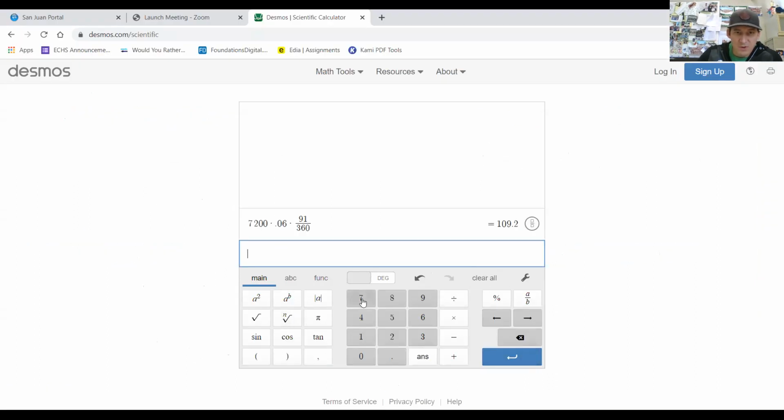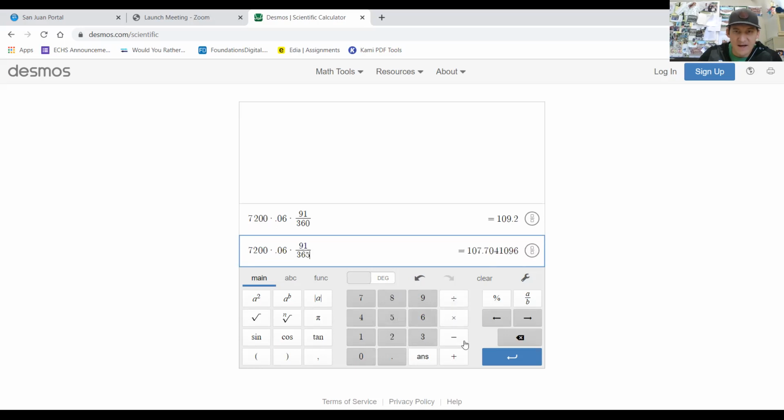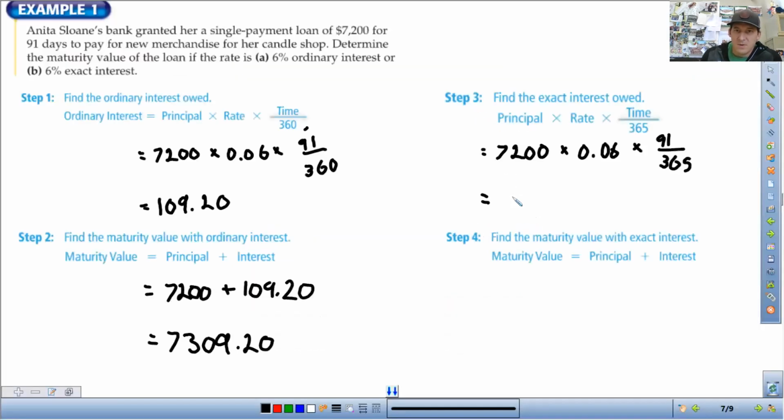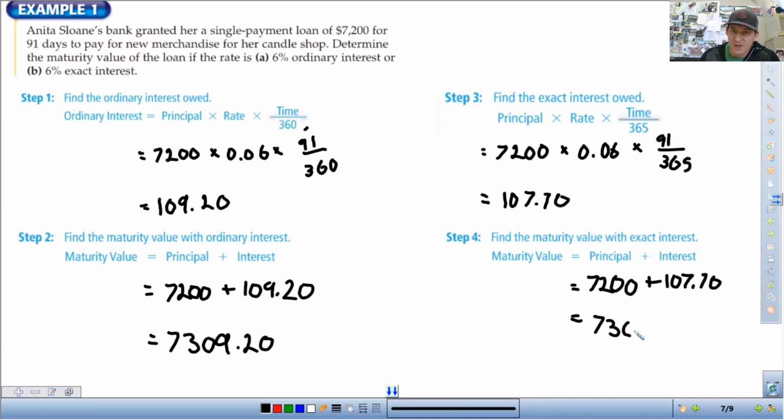So 7,200 times 0.06 times 91 divided by 365 this time, you get $107.70. So the maturity value, you start with the principal, add the interest. So this comes out to $7,307.70.